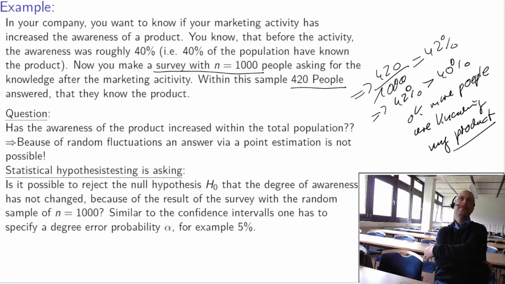And this would be the end. Hurrah! I made a good investment decision because now my marketing activity was a success, because now 42% of the people are knowing my product.